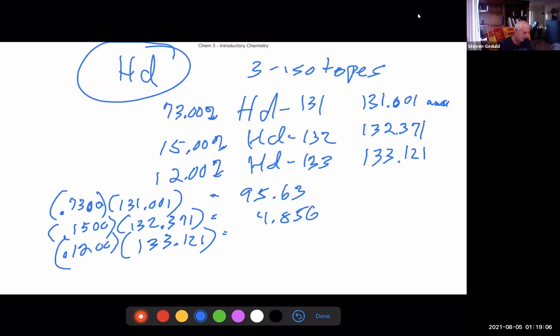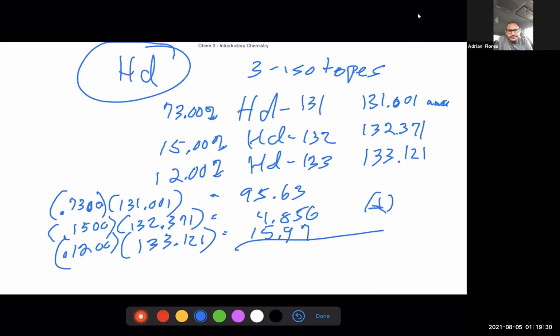And 0.12 times 133.121 comes out to 15.97. If we add all those together, we'll get the average atomic mass of this element.